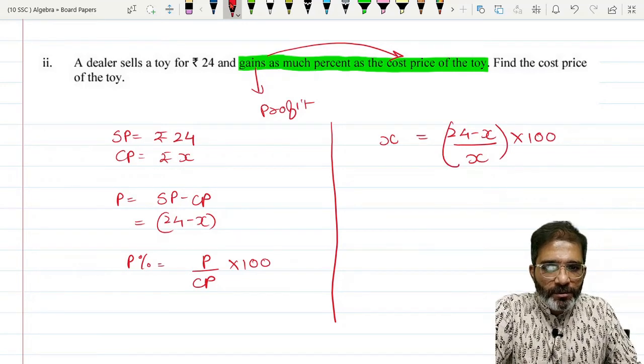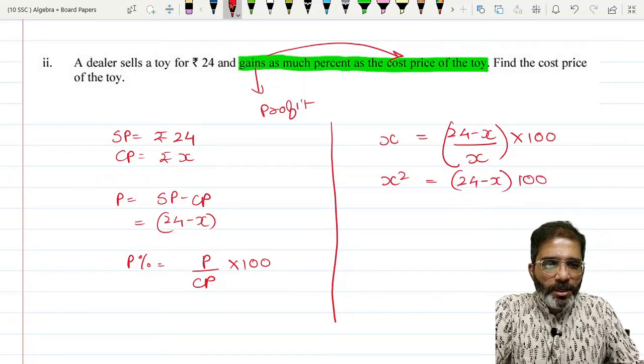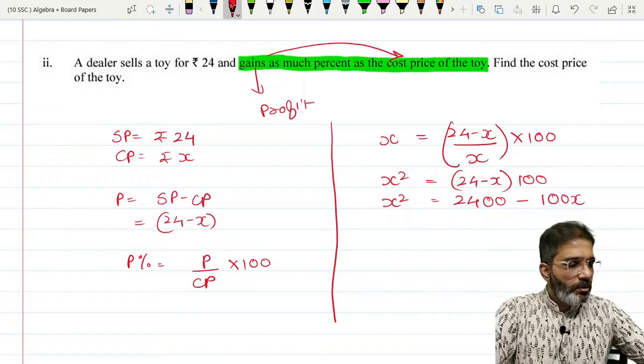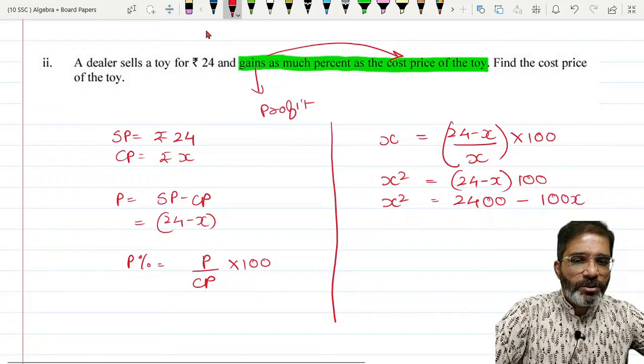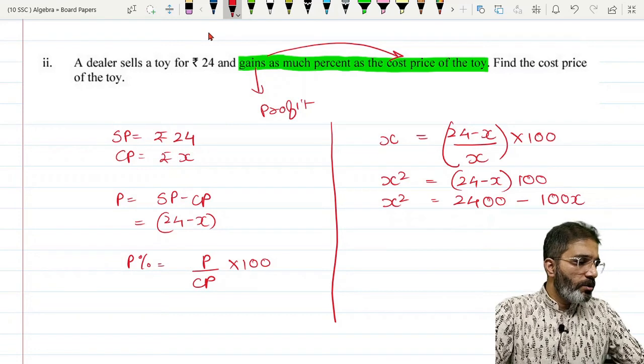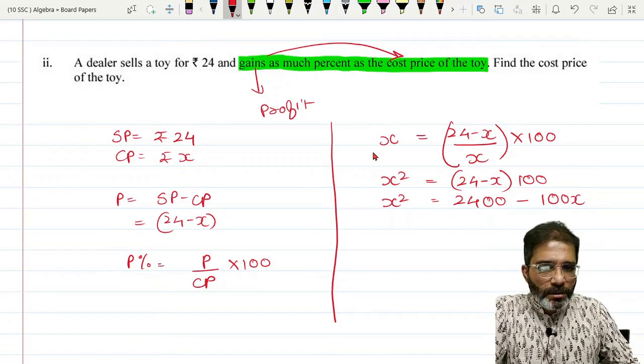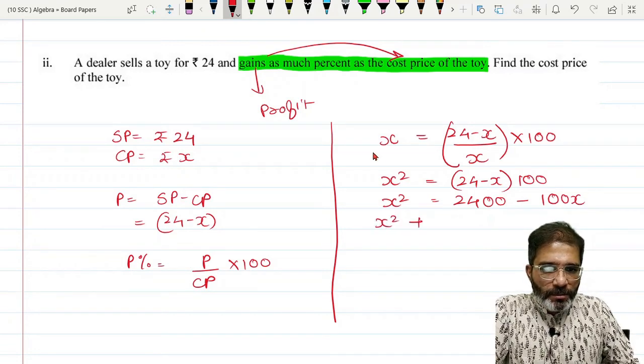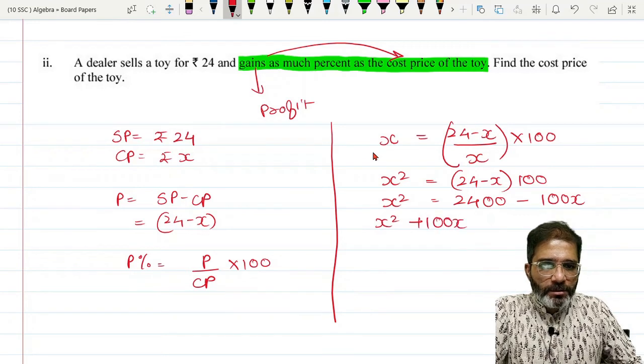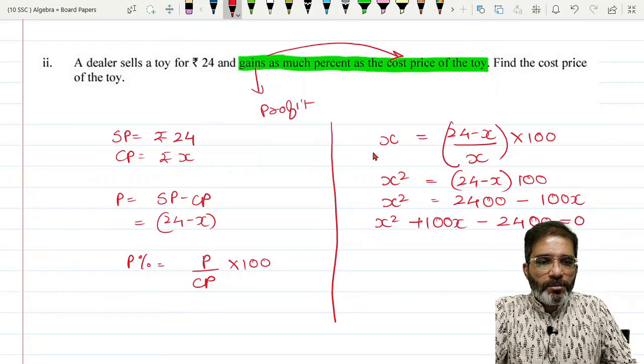So when you shift, we get x square equals to 24 minus x bracket 100, x square equals to 2400 minus 100x. Okay, so when you shift the terms, we get a quadratic equation, x square plus 100x minus 2400 equal to 0.